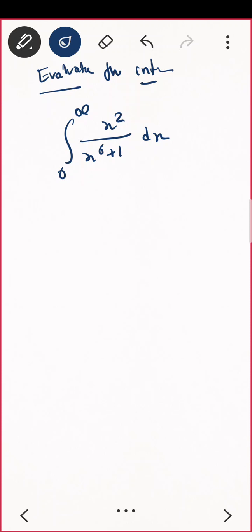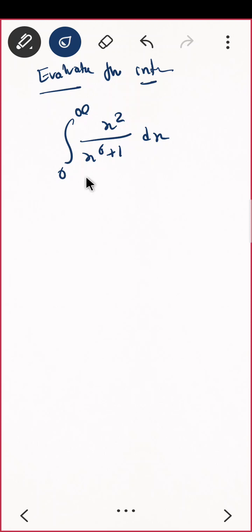You see, this is x square. This is x raised to 6 plus 1. That is actually not a difficult integral if you see properly. You can solve this integral easily.